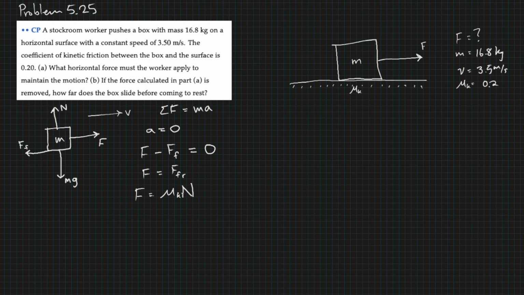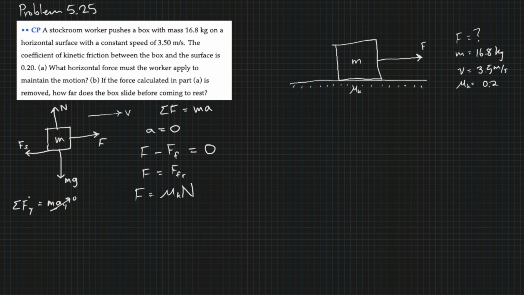Great. Okay. We're kind of stuck again, though, because I don't know what the normal force is for this box. But there's a way I can find it out. And the way that I think about it is, because the normal force is sort of a reaction force to the object being in contact with the surface, I can do the same process of summing all the forces in the y direction this time and setting that equal to mass times acceleration in the y direction, which of course in this problem, because the box isn't moving up or down, this acceleration is 0.